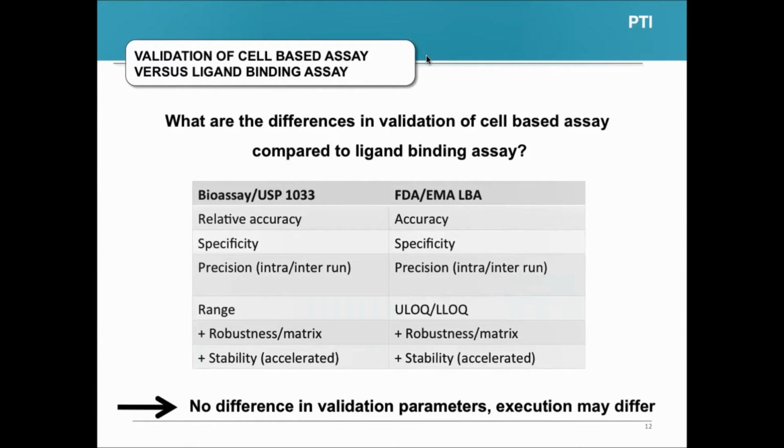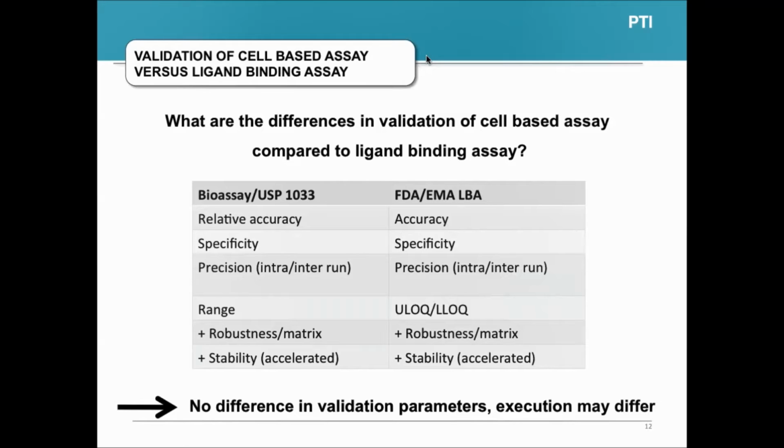So if you have gone through this validation part, through the feasibility part, sorry, you will go on to validation of the cell-based assays, and due to time, I cannot go through these particular aspects.